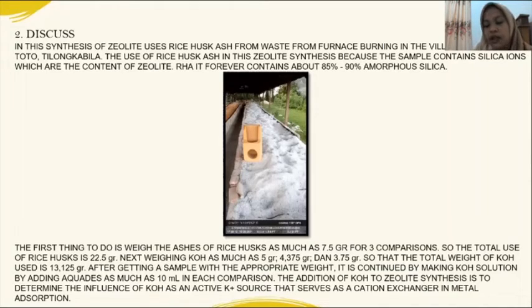The first thing to do is weigh the ashes of rice husk as much as 7.5 grams for 3 comparisons. The total use of rice husk is 22.5 grams. Next, weighing KOH as much as 5 grams, 4.375 grams, and 3.75 grams.